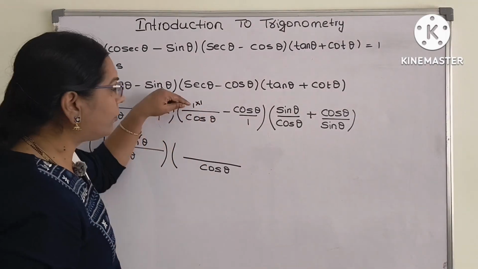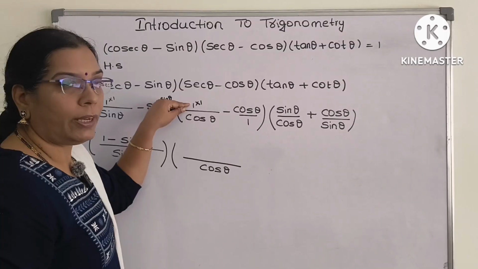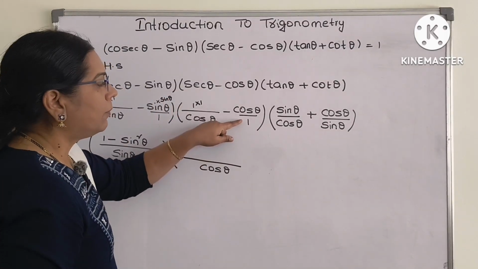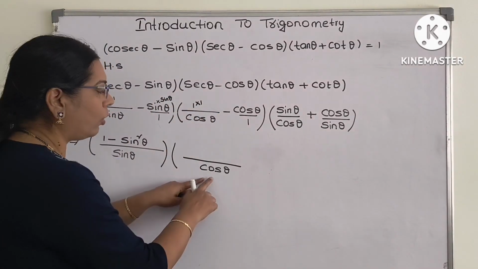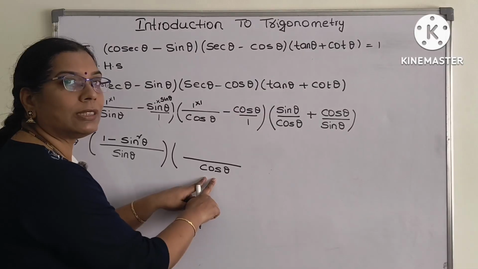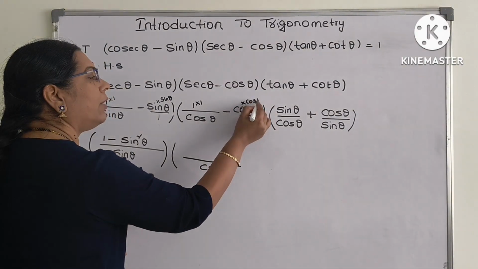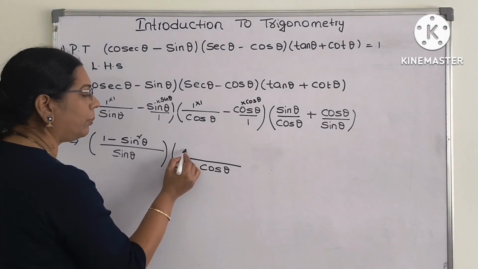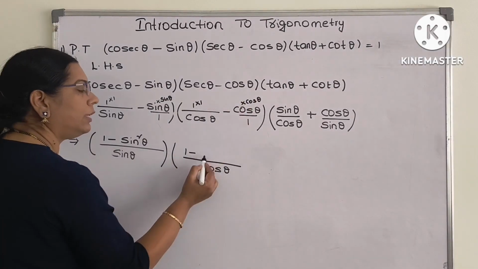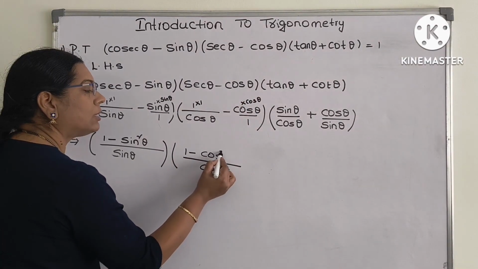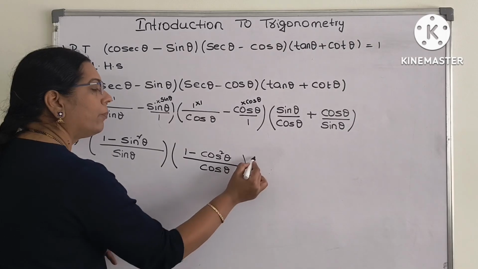What should be multiplied with 1? The corresponding numerator. 1 multiplied by what will give you cos theta? It is cos theta. So, multiply its numerator with cos theta. So, this would become 1 minus cos theta into cos theta, cos square theta.